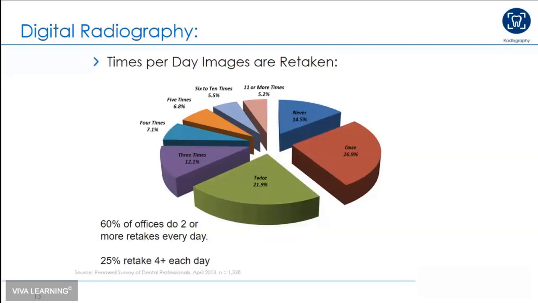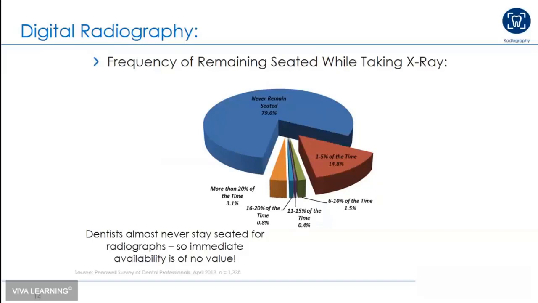But the reason you're having to do retakes more often than not is because you haven't captured everything that you had hoped on the film. And part of that reason is because when you're using a rigid sensor, the capture area is reduced over a phosphor plate. So technique certainly comes into play, but we want to make sure we can have the largest capture area we can to ensure that we see the maximum amount of information when we're taking a radiograph.